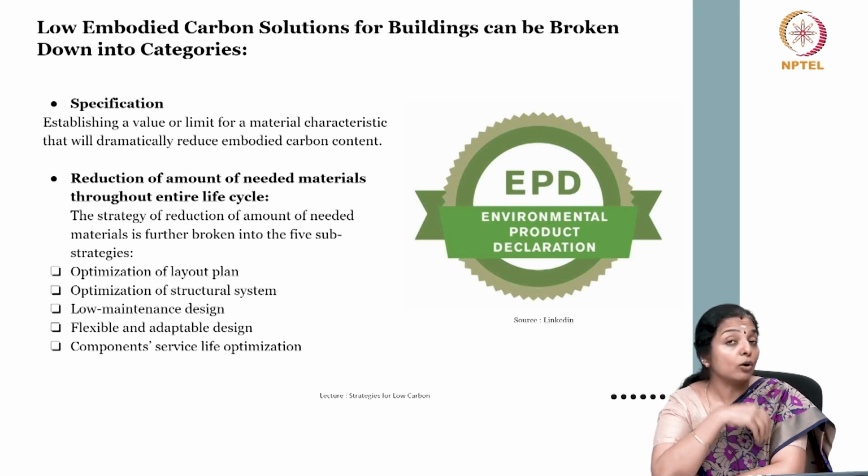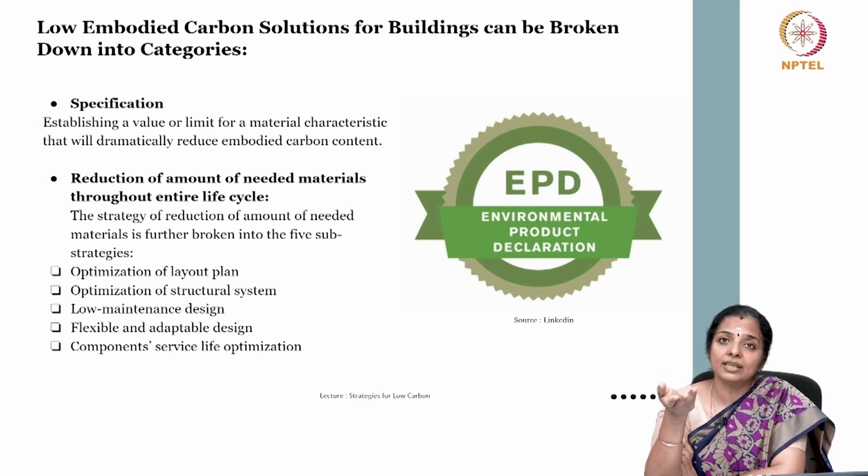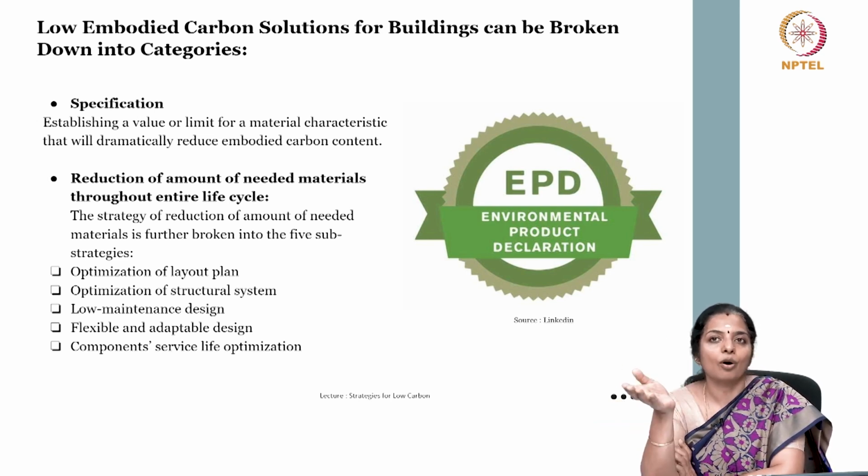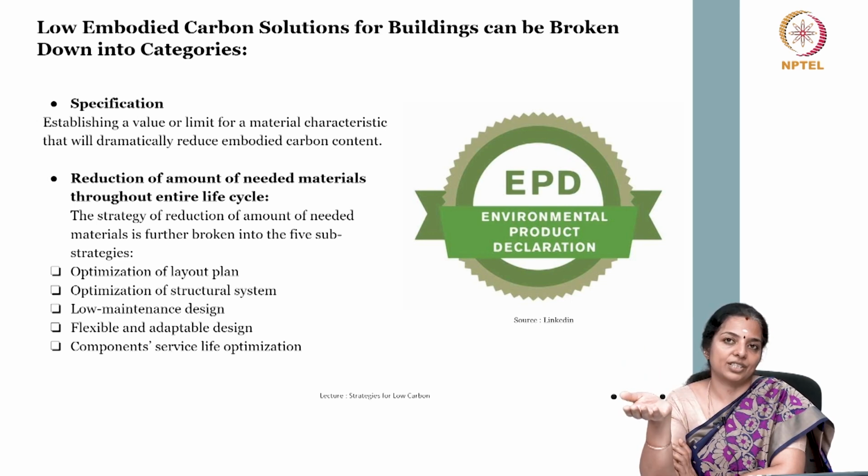Also during COVID times, another thing that came in was hygiene. So flexible and adaptable design will go a long way in reducing embodied carbon by us not trying to alter the buildings. The components' service life optimization.